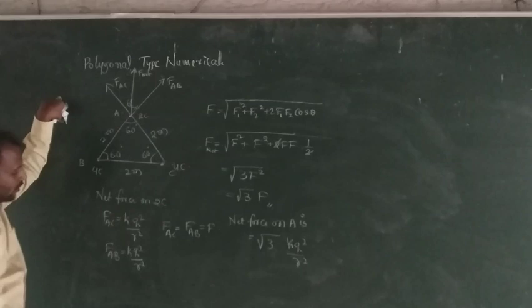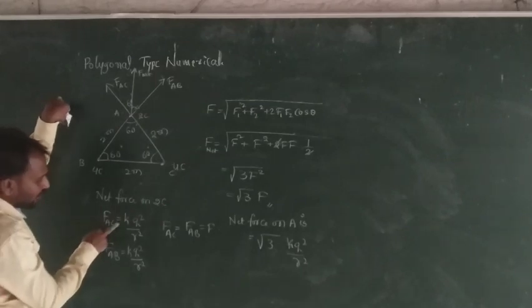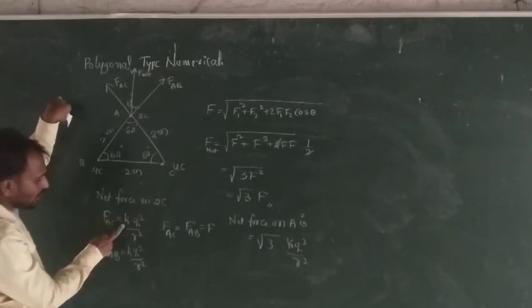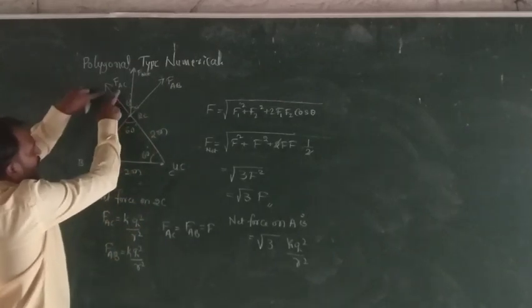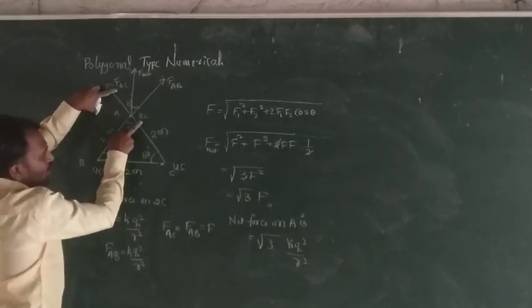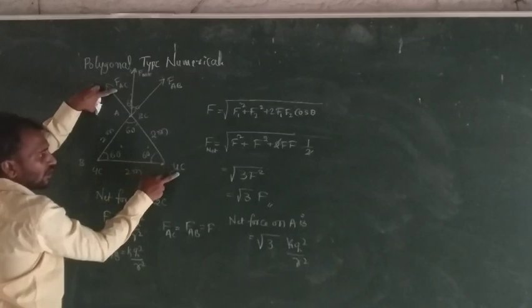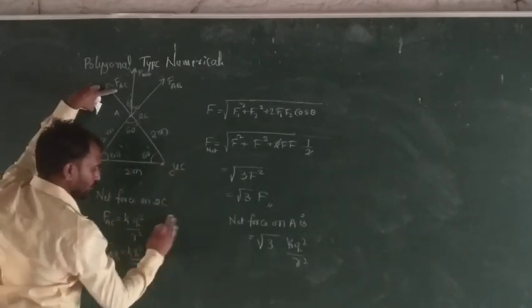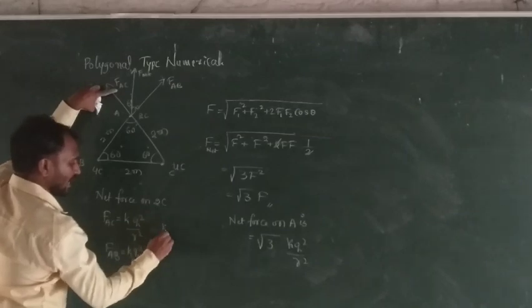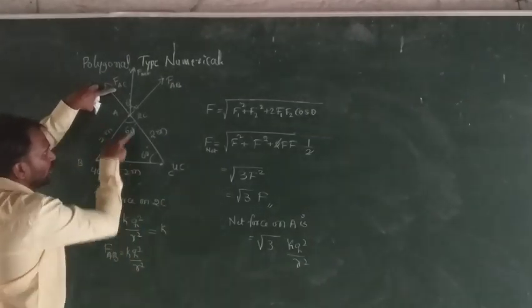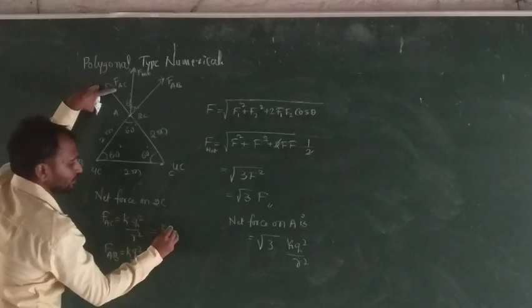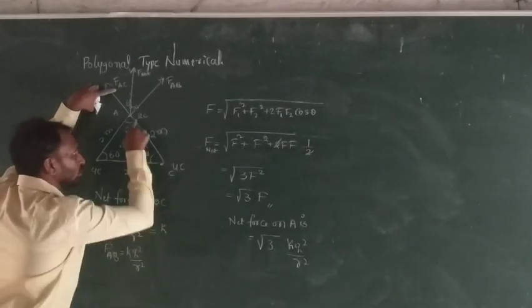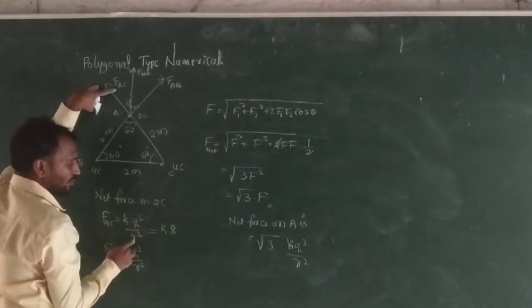The same thing, FAC, K is the Coulomb constant. The charge is 2 coulomb and this one is 4 coulomb, 2 into 4, 8, K as it is, divided by R square.